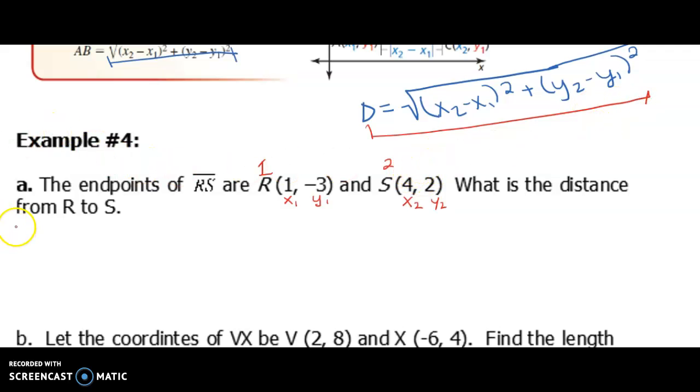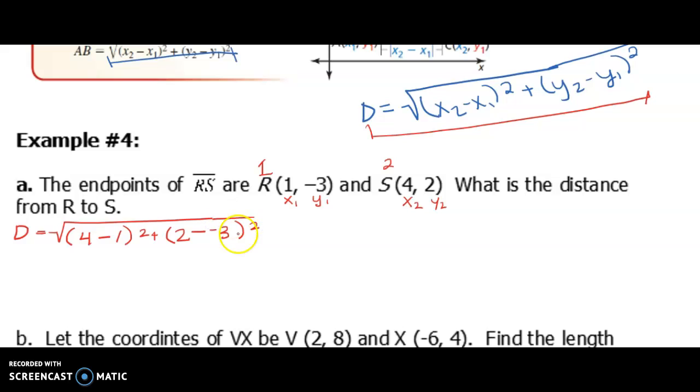So distance equals square root of, parentheses, x2, so my x2 is 4, so it'd be 4 minus my x1 which is 1, squared, plus my y2 which is 2 minus my y1 which is a negative 3, squared.